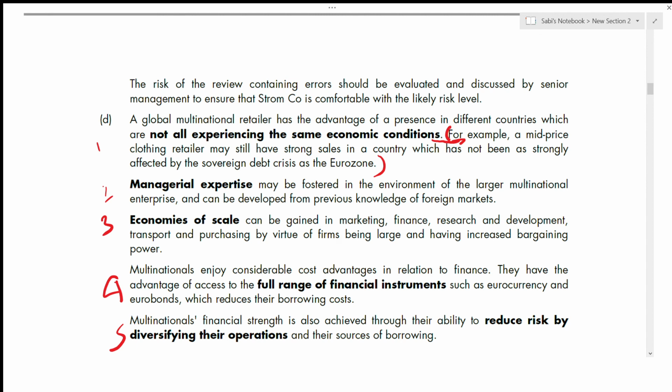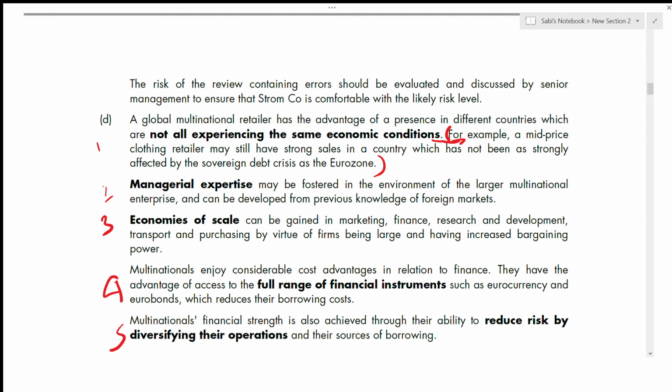Second, managerial expertise may be fostered in the environment of the larger multinational enterprise and can be developed from previous knowledge of foreign markets. Third, economies of scale. Yes, multinational companies' economies of scale can be gained in marketing, finance, R&D, transport, and purchasing by virtue of firms being large and having increased bargaining power. Larger the firm, better the bargaining power, right? Higher the bargaining power they will have, therefore economies of scale.